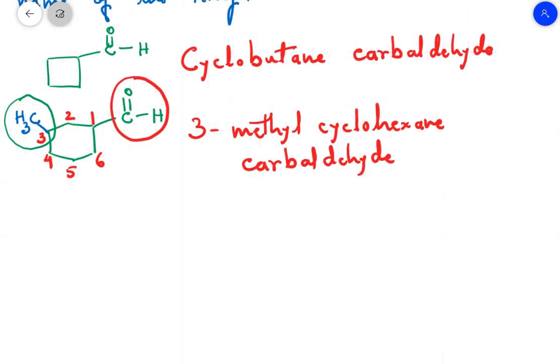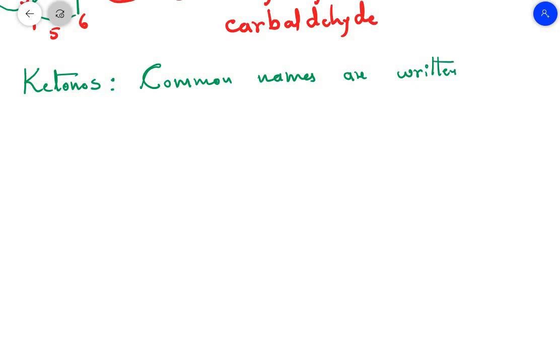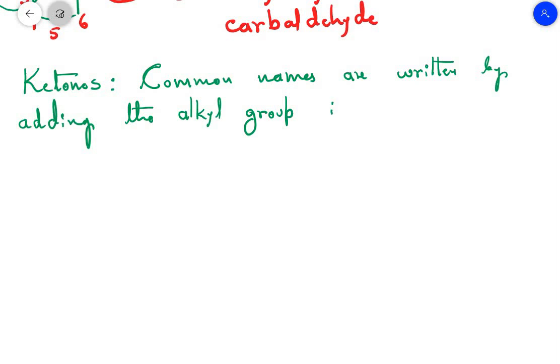Now we will be moving towards nomenclature of ketones. Common names are written by adding the alkyl group in alphabetical order to the word ketone.